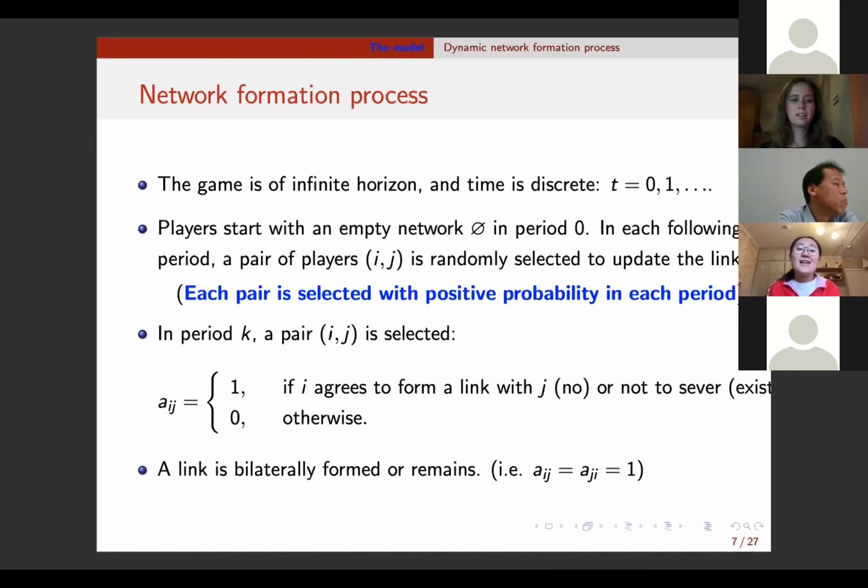Specifically, if in period k, pair ij is selected, and if there is no link ij now, they need to decide whether to form a link. If there is an existing link, they will need to decide whether to delete the link. And a_ij equals 1 if they want to form a link or maintain the link, and 0 otherwise. We need to mention that the link is formed or maintained bilaterally.